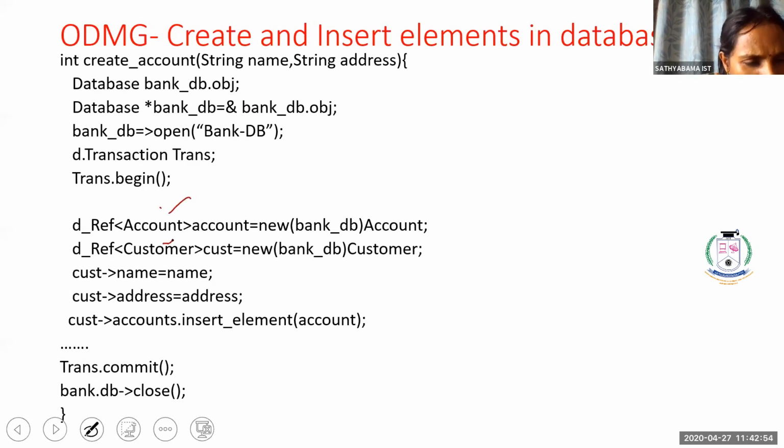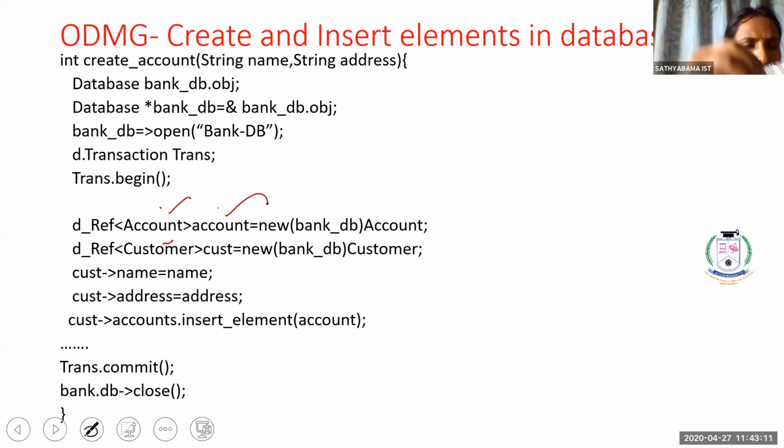Okay. So follow the same syntax. It proceeds with the reference and your class name, the entity name, is account. And by using the new operator, you create an object for your account class. So your object name is account here.